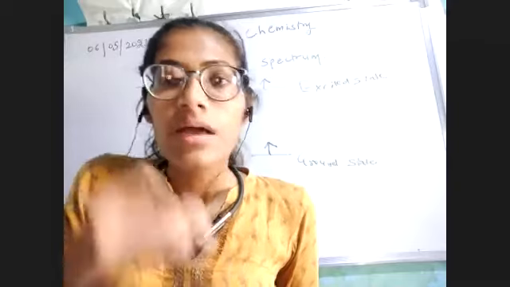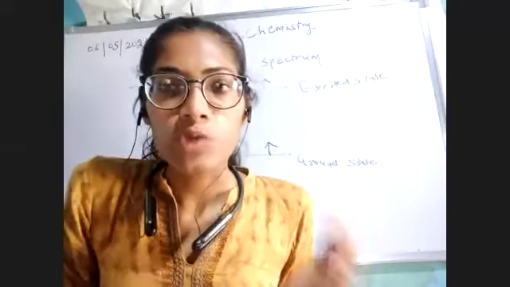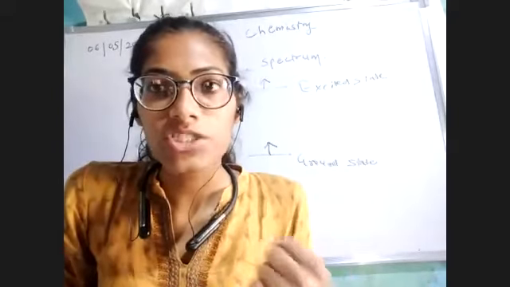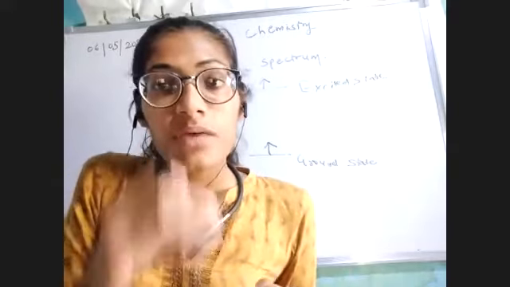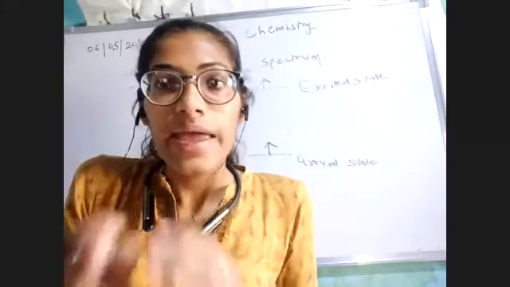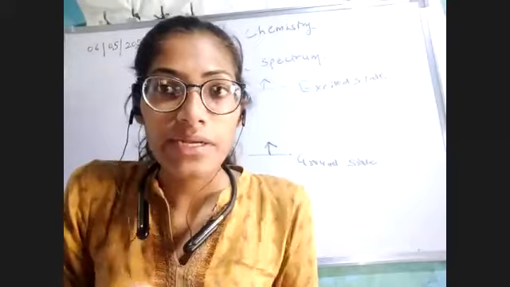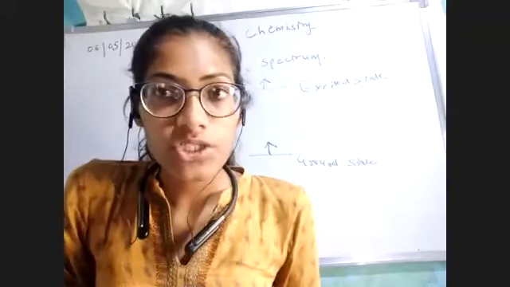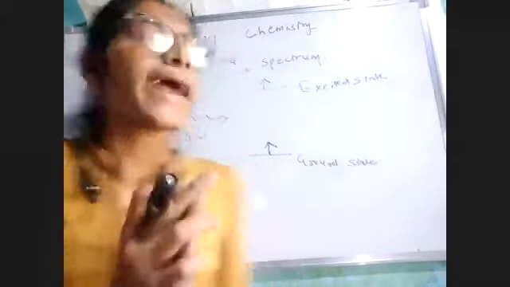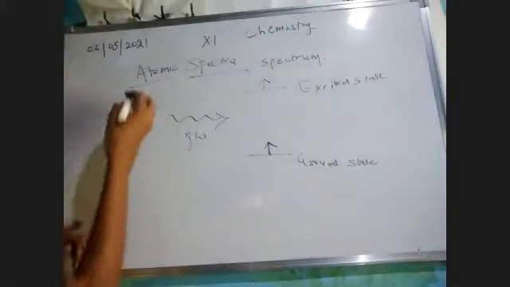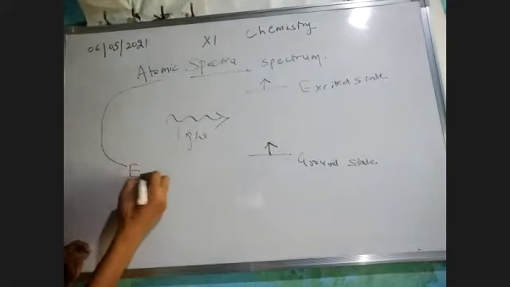Emission means exit. Absorption means we are getting that energy absorbed; emission means we are emitting that energy in the form of radiations, which is known as the emission spectra.